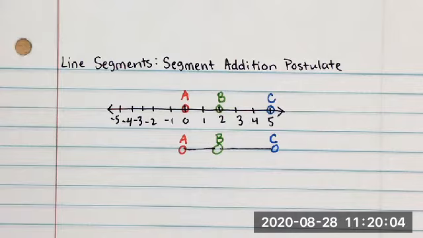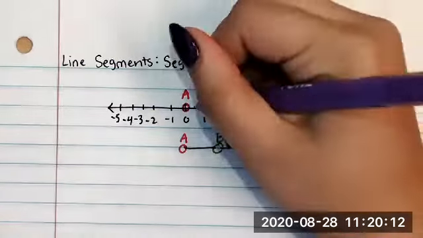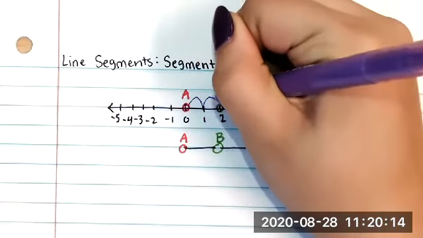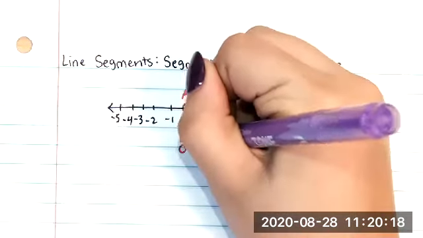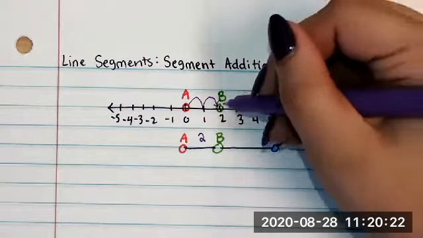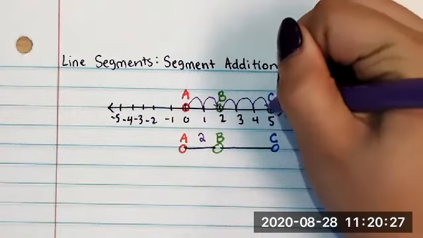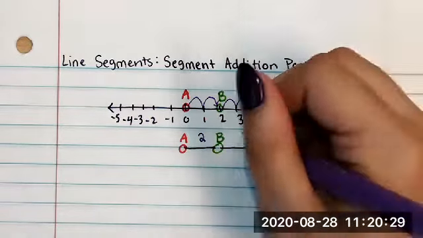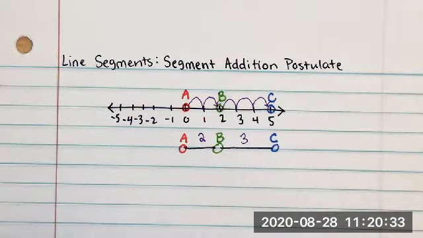And the way that we can count our length is very physically. We can take our pencil and count, okay, to get from A to B, I have to go 1, 2 spaces, making the length of line segment AB 2. And then to count from B to C, I have to go 1, 2, 3 spaces, making the line segment BC 3 units long.